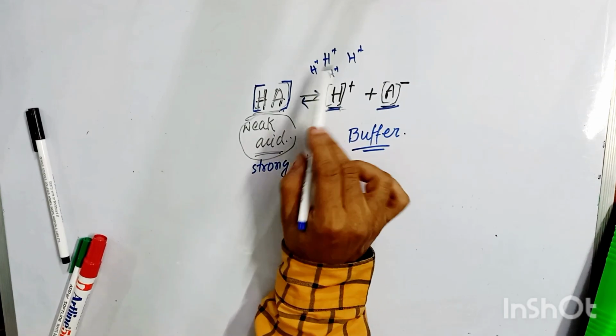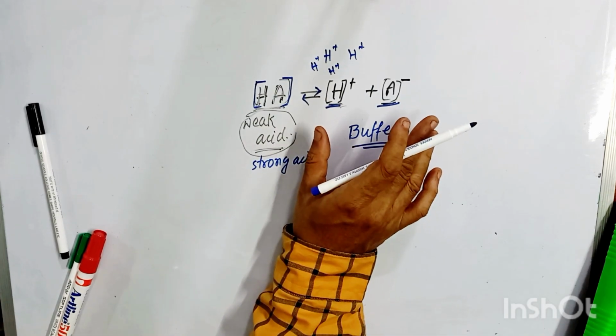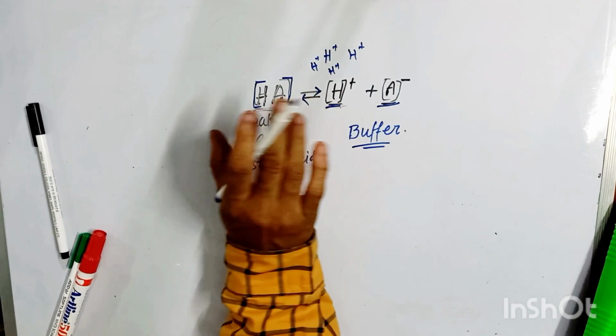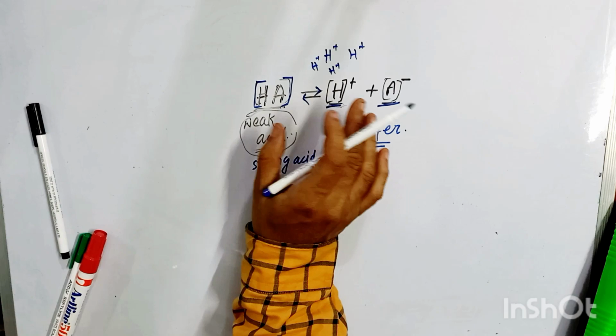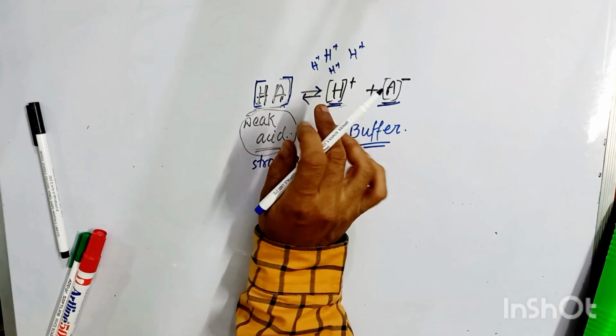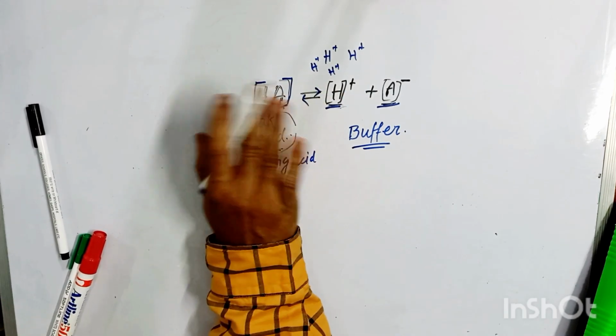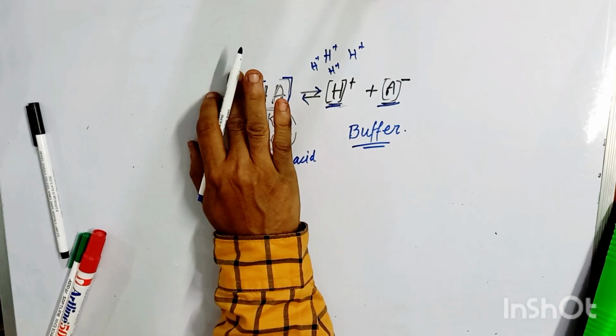Due to the common ion effect, the equilibrium shifts towards the non-dissociated, non-ionized form. This equilibrium will shift towards the left, towards the non-ionized form.